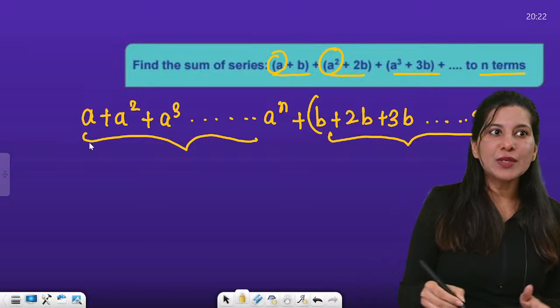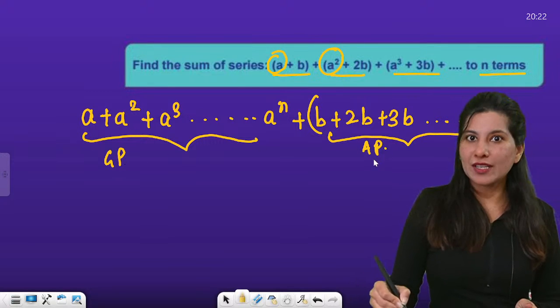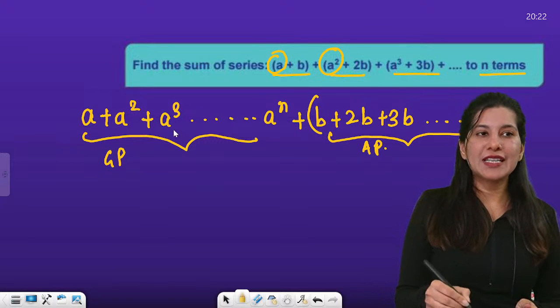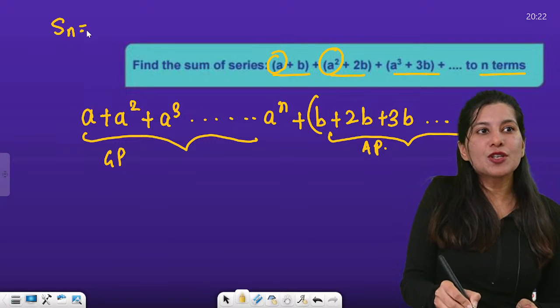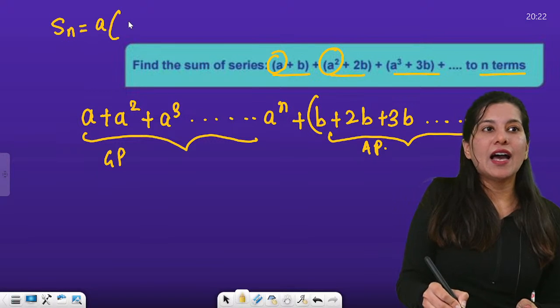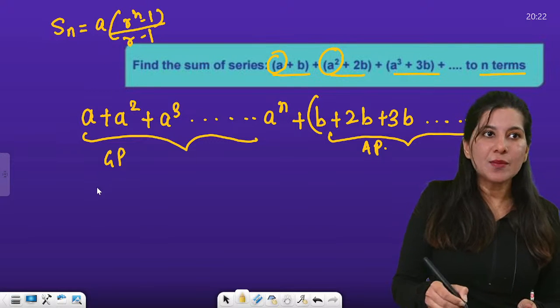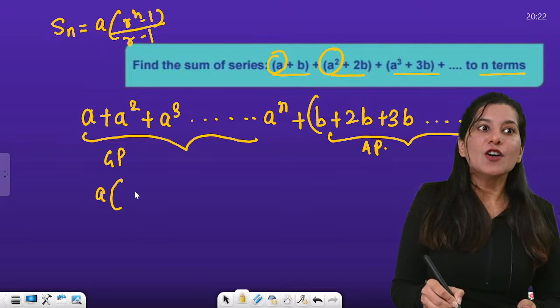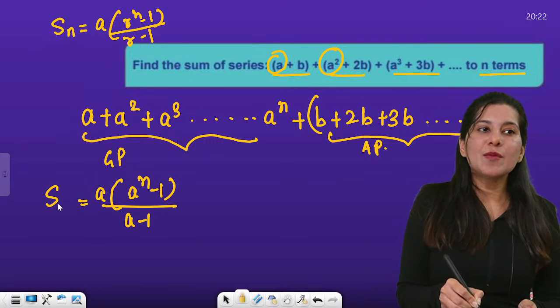Solve it individually. So this is a geometric progression and this is an arithmetic progression. Let's talk about the geometric progression first. The sum of n terms of a geometric progression will be a times r raised to power n minus 1 upon r minus 1. Let's apply this formula. The first term is a. The common ratio is also a. So this will be your sum of n terms, plus.